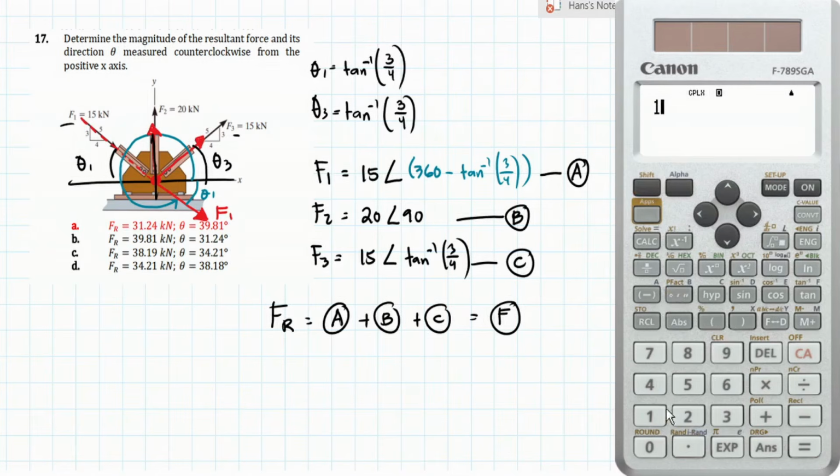So next is 15 angle of arctan of 3/4. Okay, so tama yung napindot ko. So ngayon, A plus B then plus C. So whatever yung value, store natin sa F.